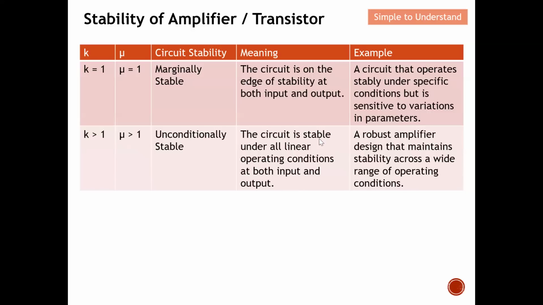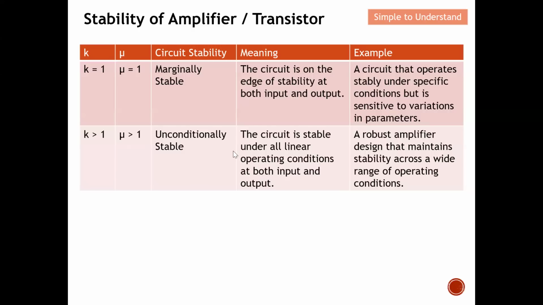The circuit is stable under all linear operating conditions, at both the input and the output. A robust amplifier design maintains stability across a wide range of operating conditions. This is what we want, the desired case: the amplifier design or the transistor design will always be stable.